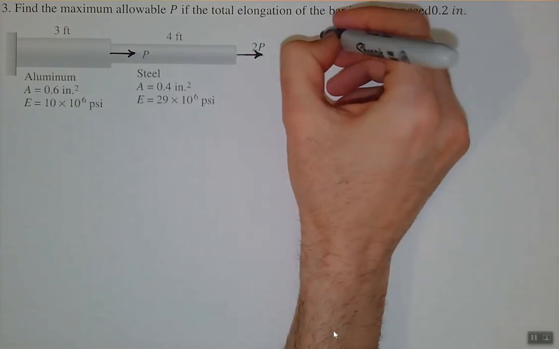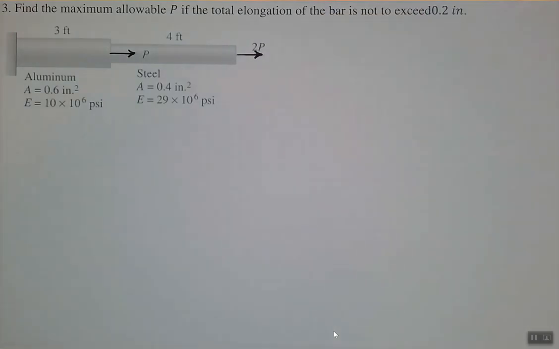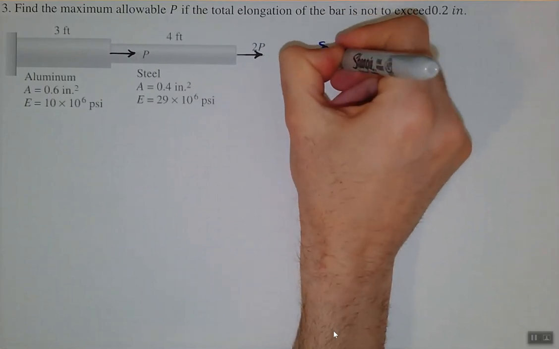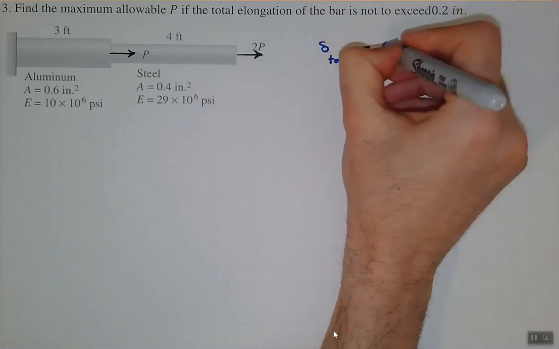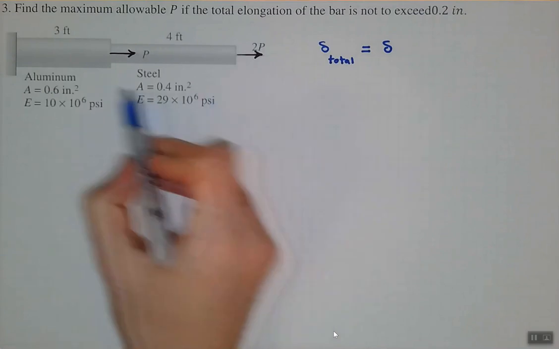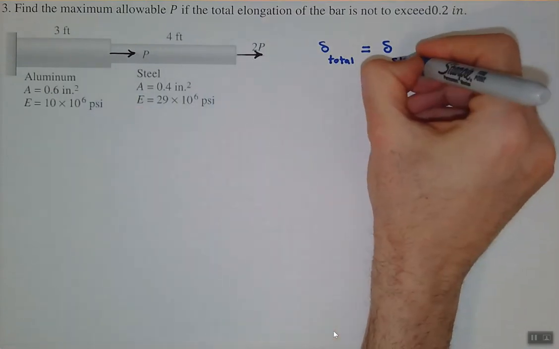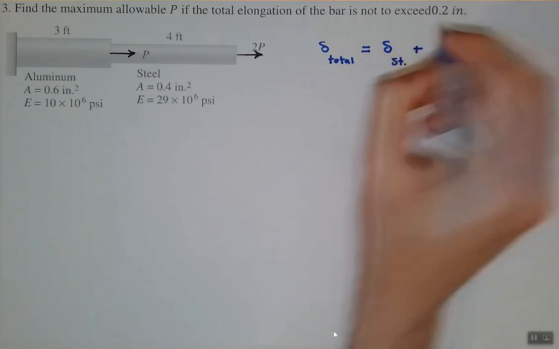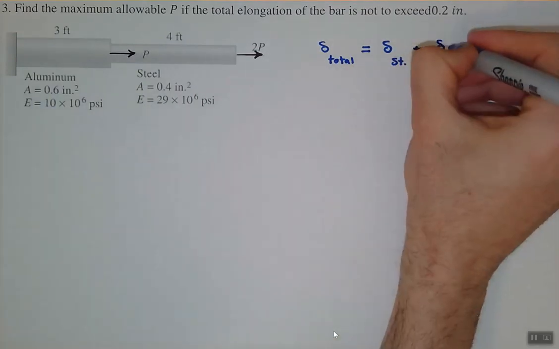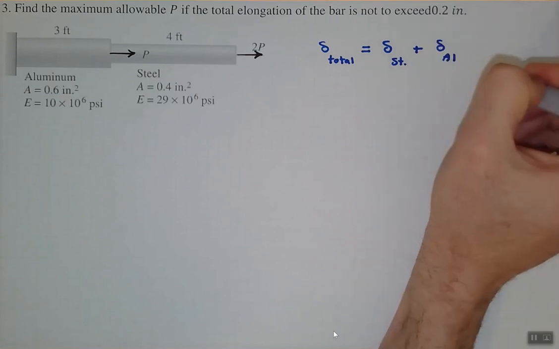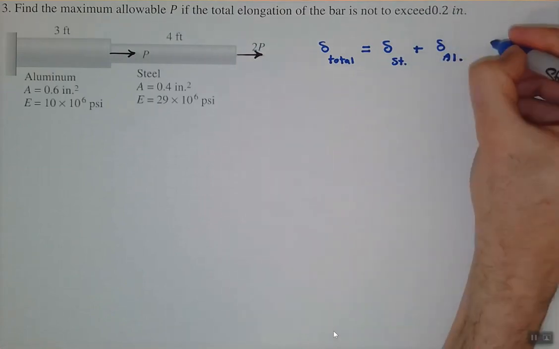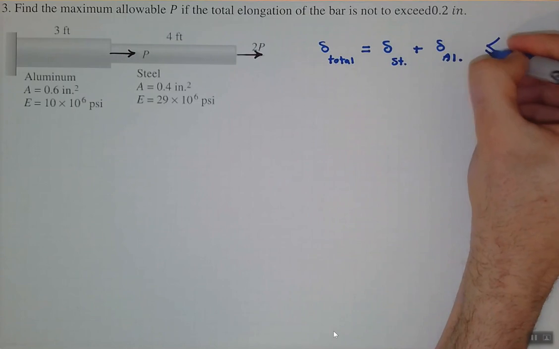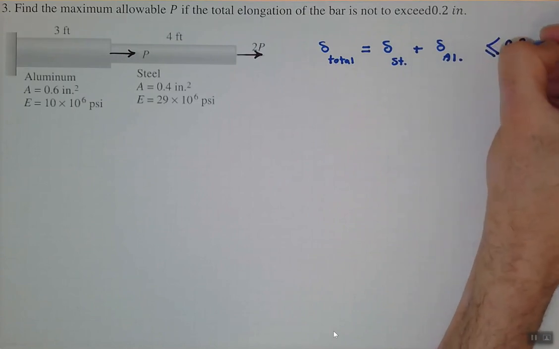So I can first write down that the total elongation, let's call it delta total, is equal to the amount that the steel, delta steel, plus the amount that the aluminum portion of the bar is extended. And we don't want this total elongation to exceed 0.2 inches. So we want this to be less than or equal to 0.2 inches.